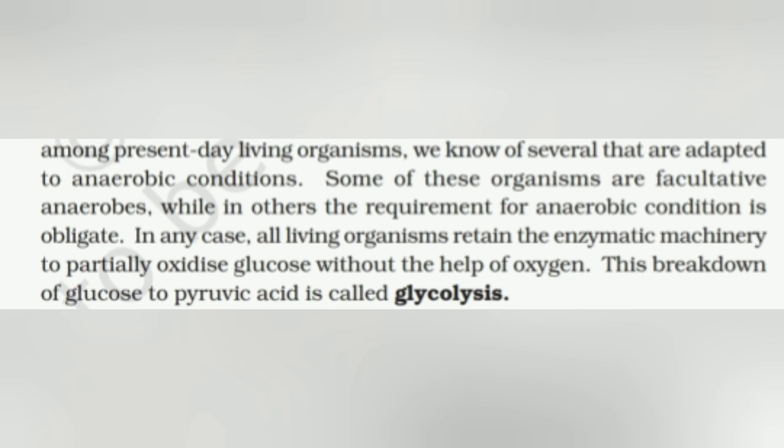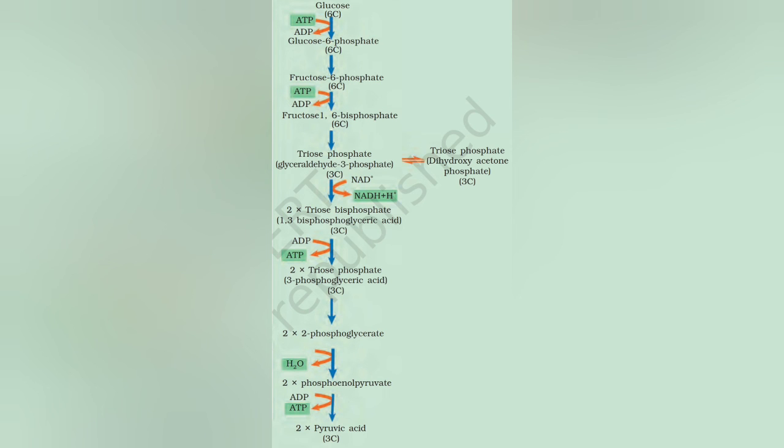Some of these organisms are facultative anaerobes, while in others the requirement of anaerobic condition is obligate, that is, compulsory. In any case, all living organisms retain enzymatic machinery to partially oxidize glucose without the help of oxygen. This breakdown of glucose to pyruvic acid is called glycolysis. This we will study in the next lecture.